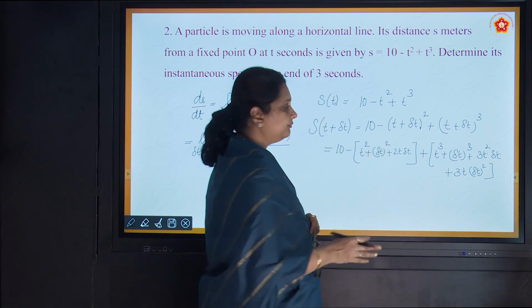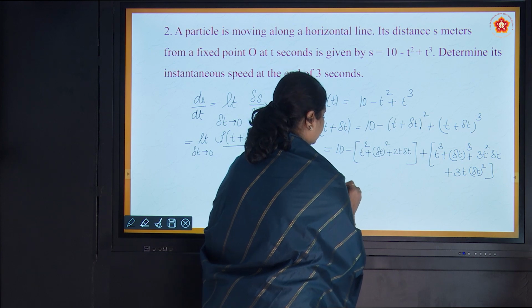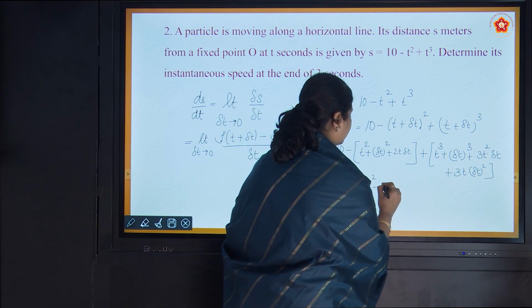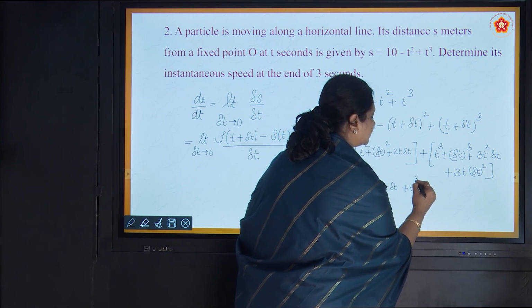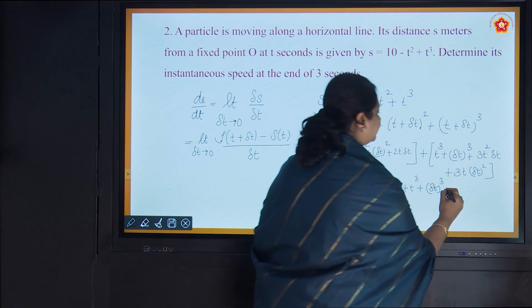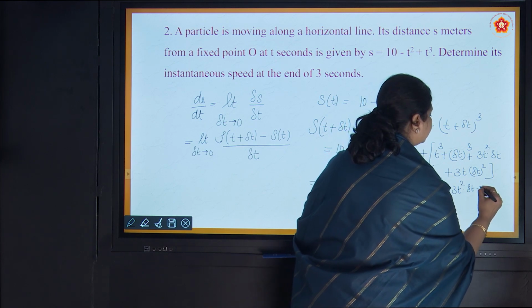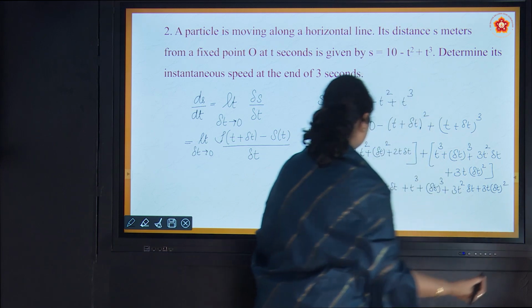This is what we have. Let's open up the brackets and try to simplify it. Minus t square minus delta t the whole square minus 2t delta t plus t cube plus delta t the whole cube plus 3t square delta t plus 3t delta t the whole square.